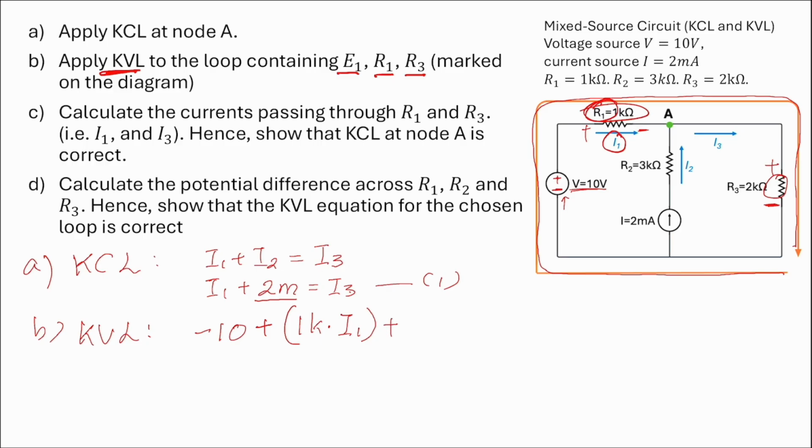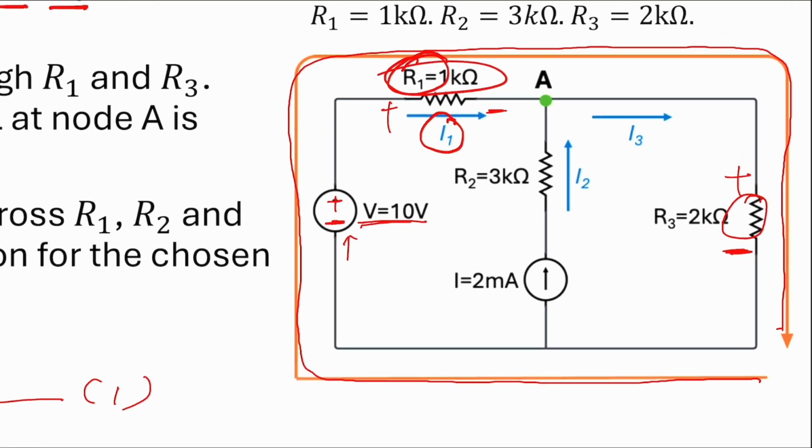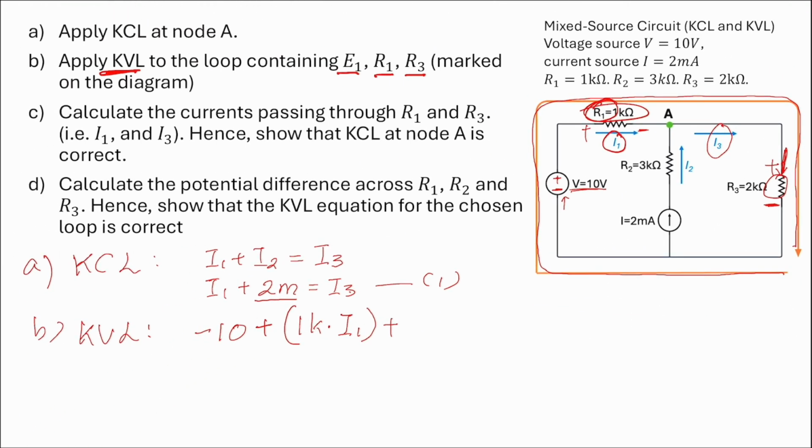Plus, again, because the loop enters R3 from the positive side, but this time the current passing through R3 is I3, so the voltage across R3 is I3 times 2K. This is equal to 0. So this is equation 2.